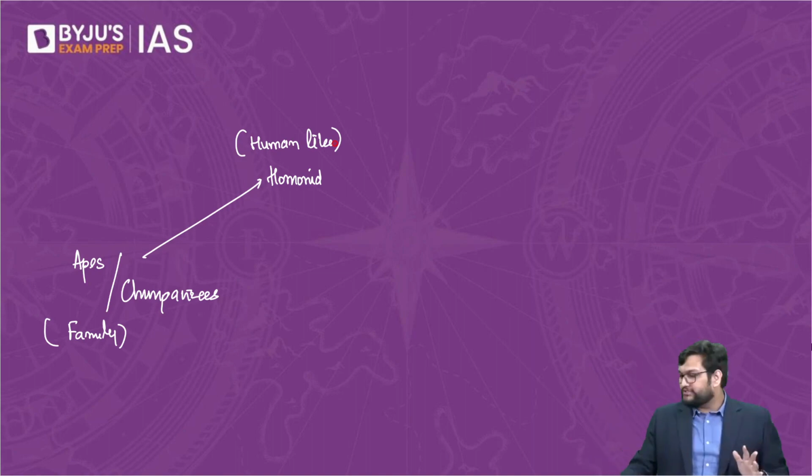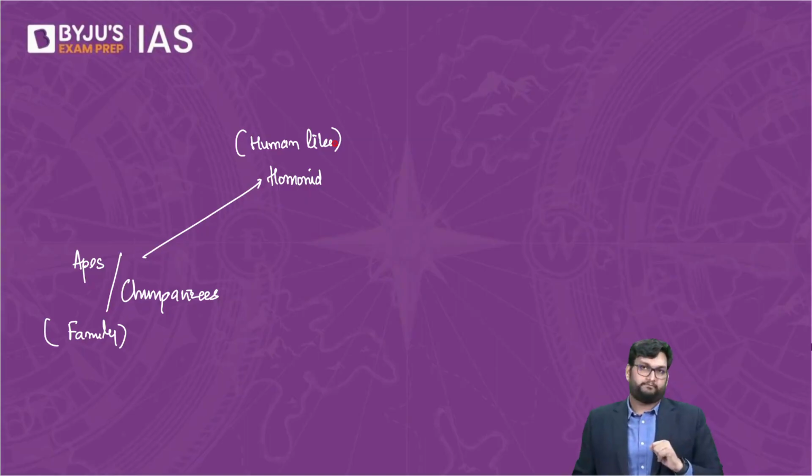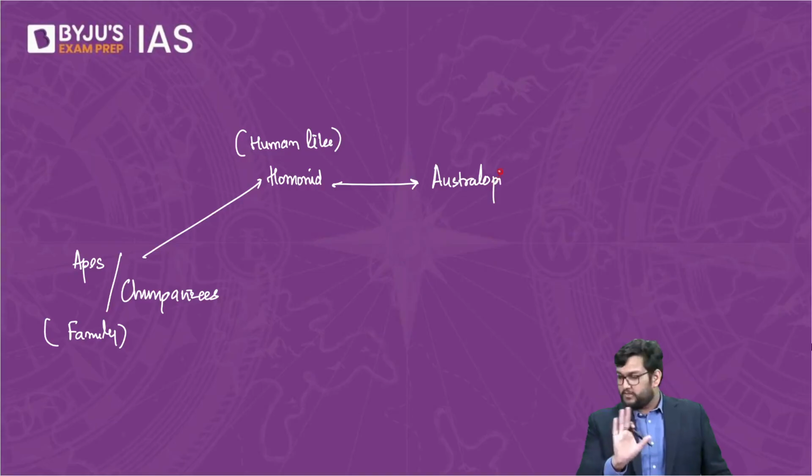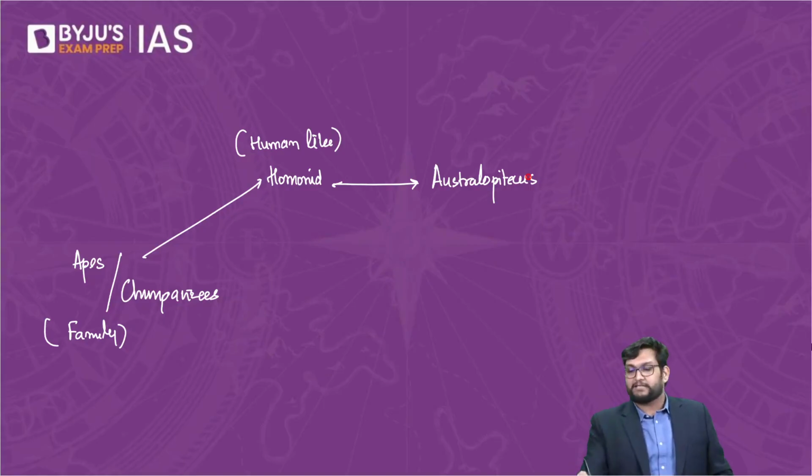But Homo sapiens automatically did not come. Within hominids, there's a family called Australopithecus. You don't have to remember this. Don't worry about this word. It's called Australopithecus. And from Australopithecus comes Homo.